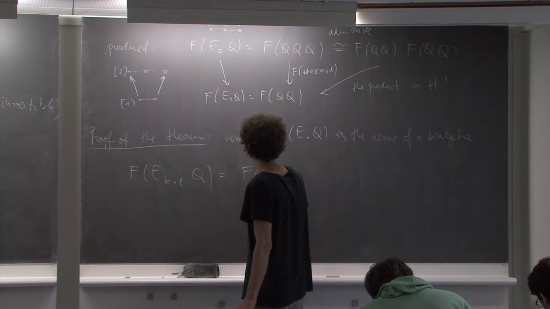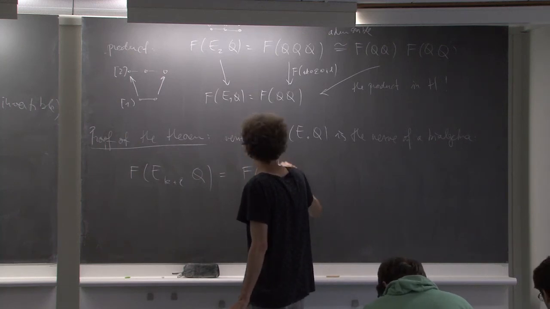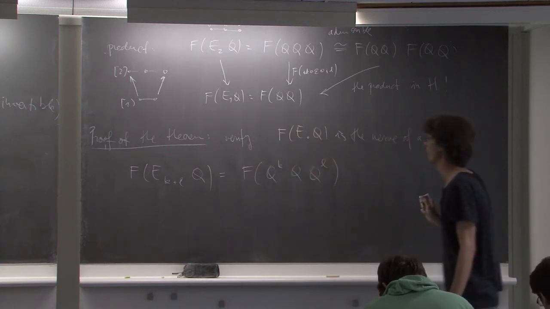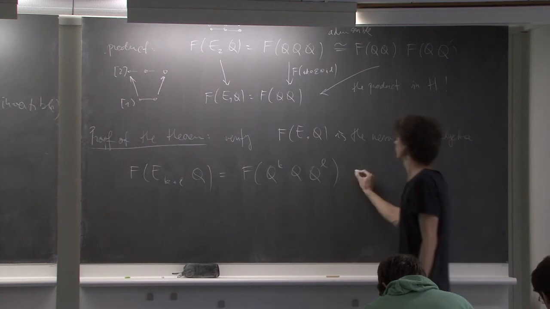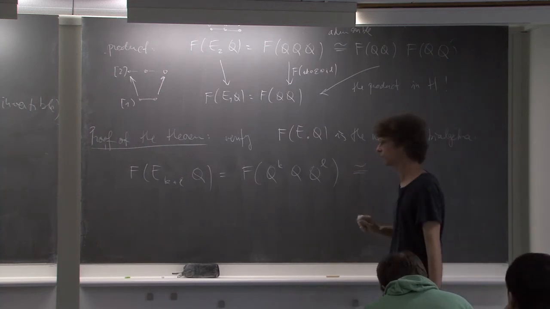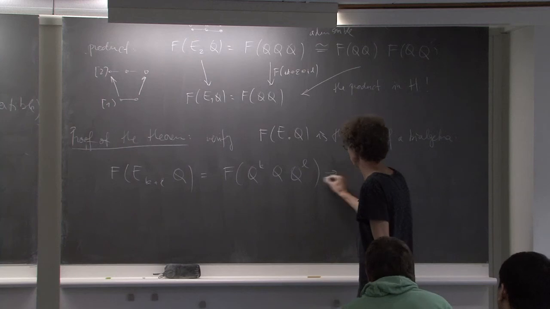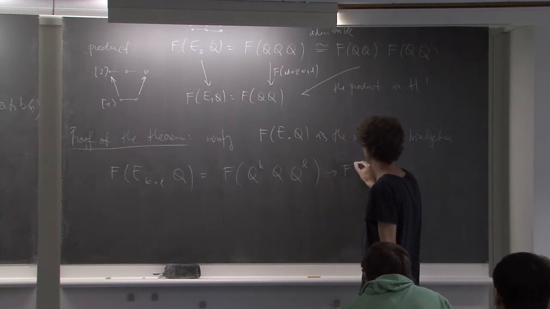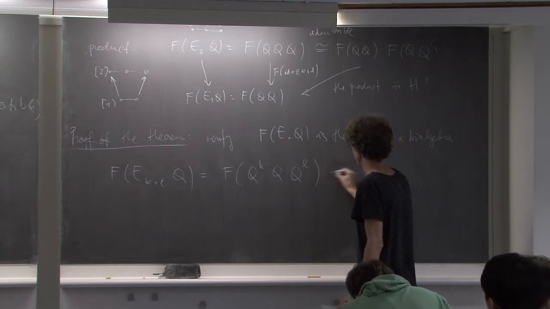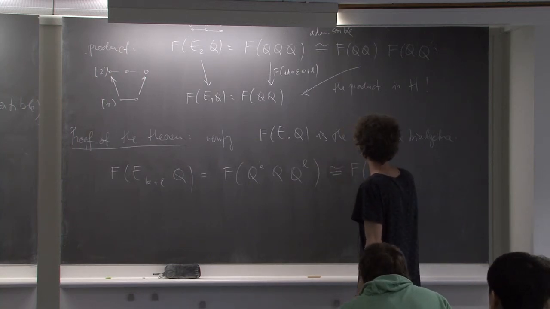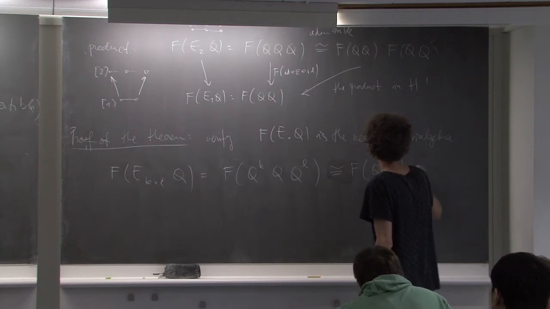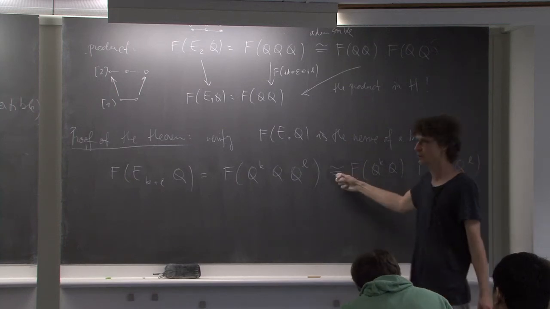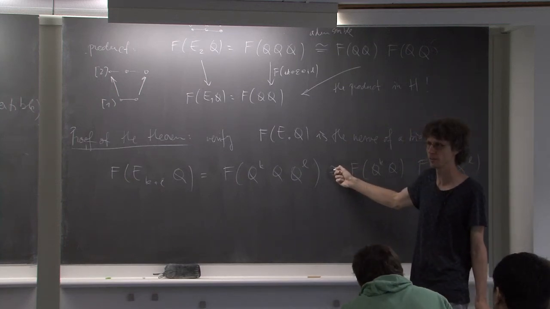So that's F Q power k times Q times Q power L. Now we know that this is isomorphic to F Q power k times Q times F Q power L. What we're using here is that F is admissible, right?